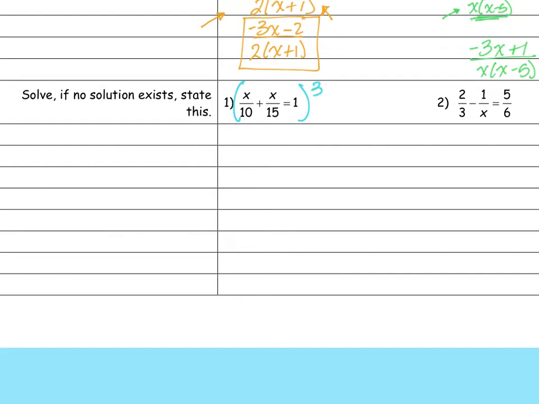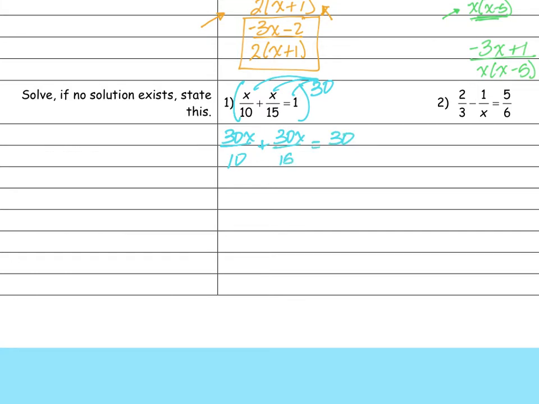So I'm going to multiply everything. Notice there's a parenthesis around everything. I'm going to distribute that 30 through everything. So I get 30x divided by 10 plus 30x divided by 15 equals 30.